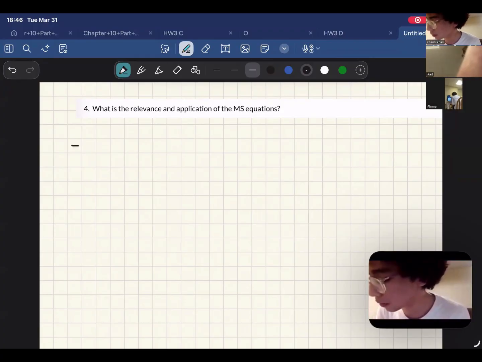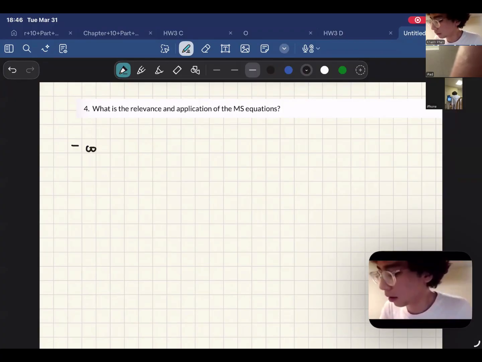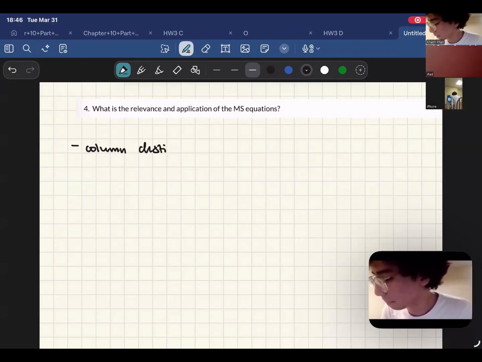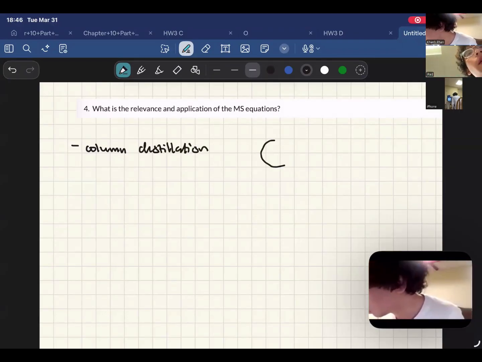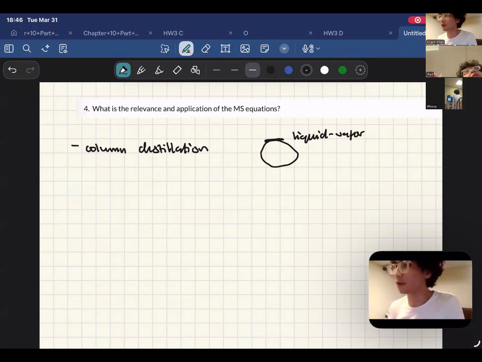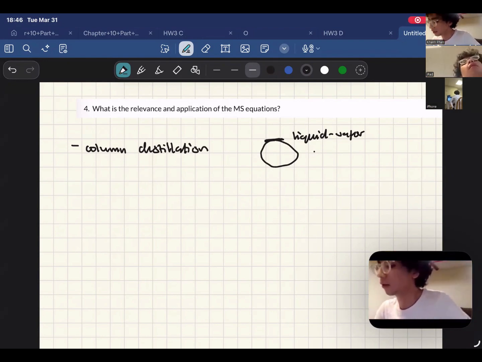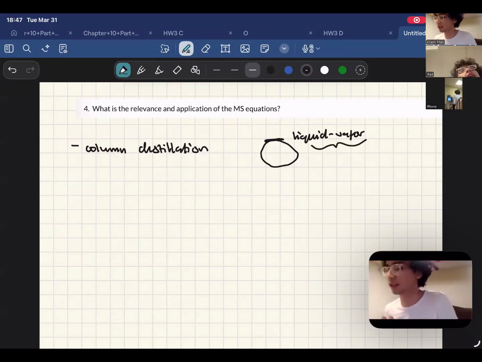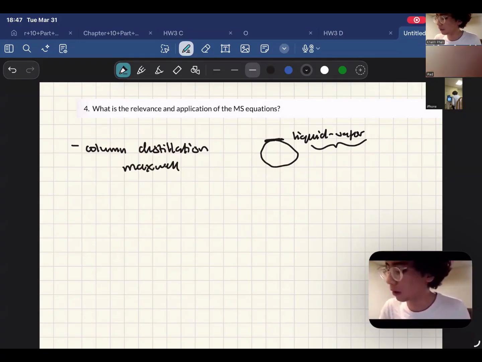For problems in class like column distillation, where there's a boundary between liquid and vapor, and we want to solve cross-diffusion problems for both states or multiple species, where there are two different states, the Maxwell-Stefan equation applies very well.